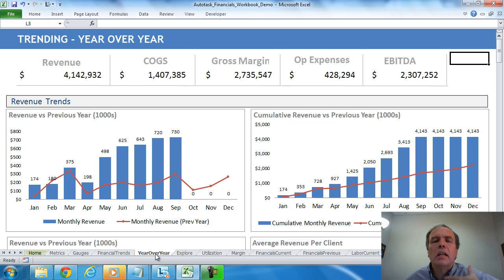The year-over-year comparison is a comparison of how I'm doing this year versus how I did last year. And don't worry if you weren't using Autotask last year, although I hope you were. You can put these numbers in manually as a comparison. So either it'll take the information directly out of Autotask, or you can update it with the numbers for comparison purposes.